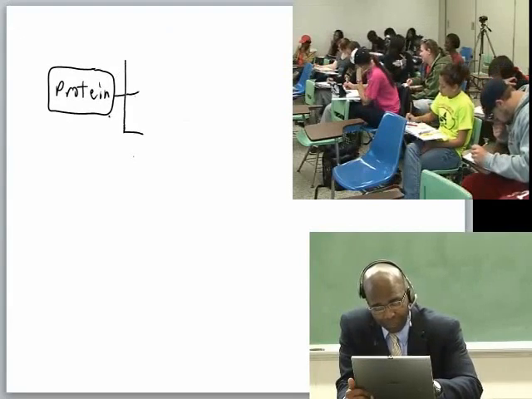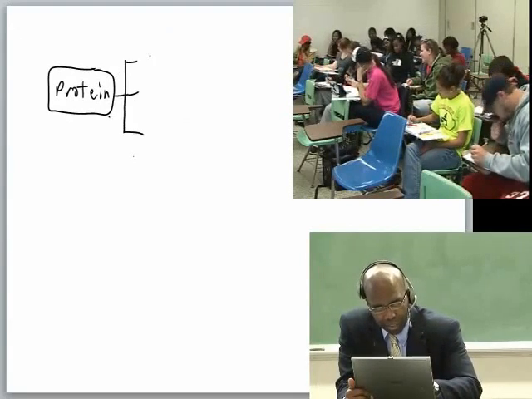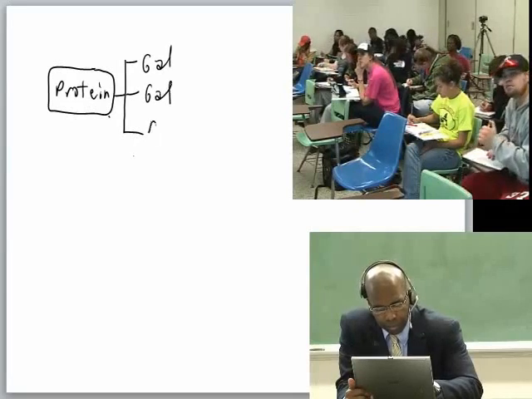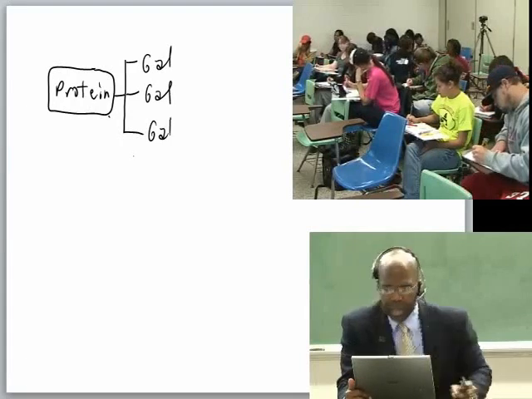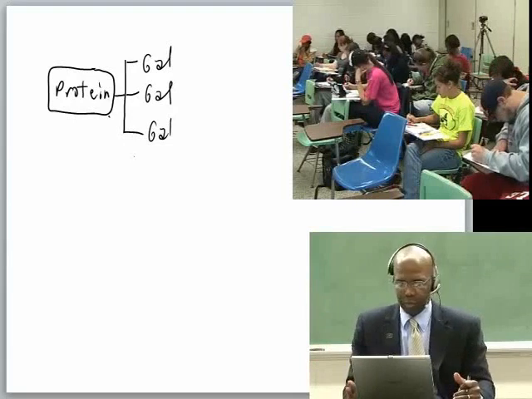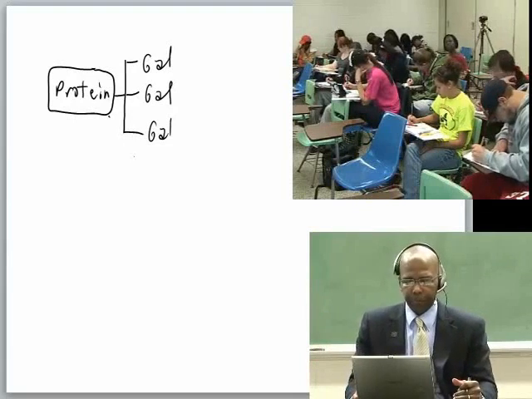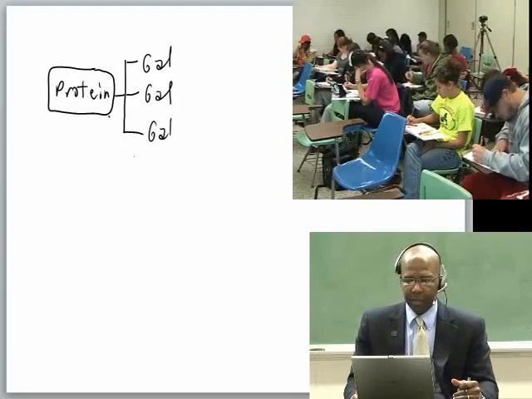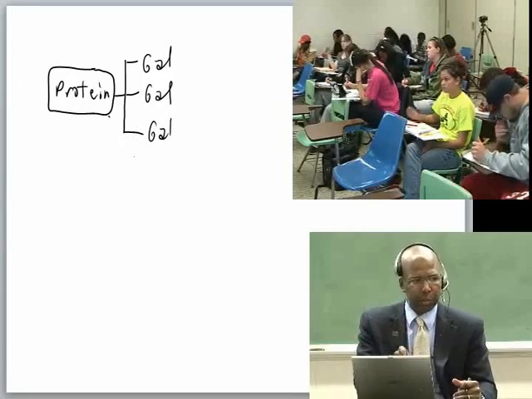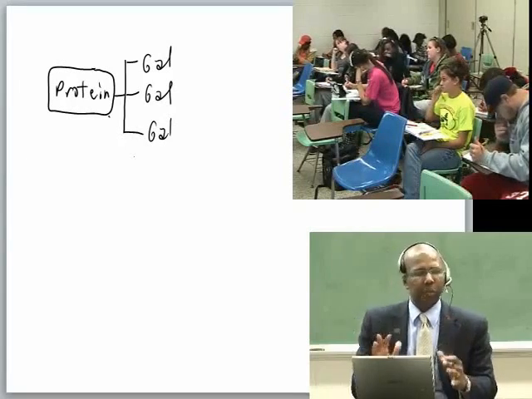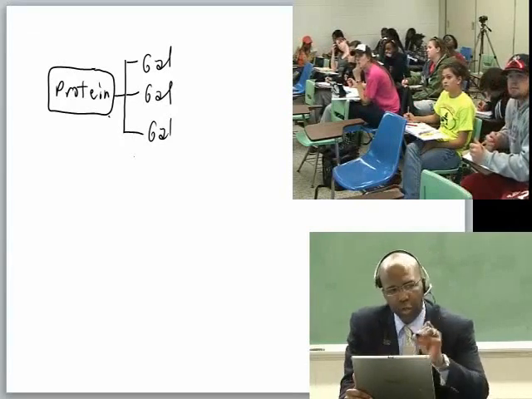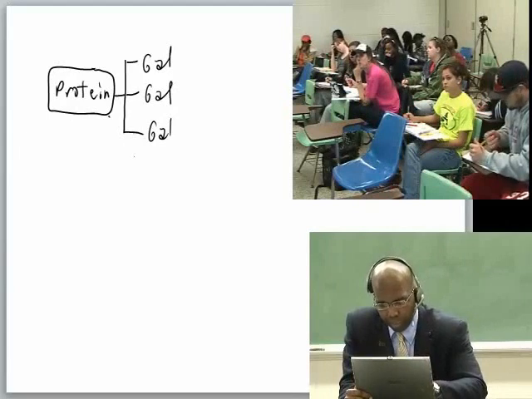Instead of drawing the shapes of the sugars, I'm just going to put here gal for galactose. Okay, you're going to have these galactosyl sugars, galactose or galactosamine sugars. Now, however, in this state, the liver would destroy this protein. And so what a young protein is going to do is protect these sugars so that the liver won't recognize them.